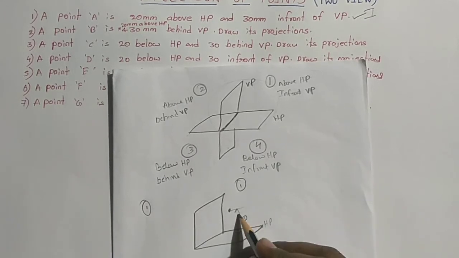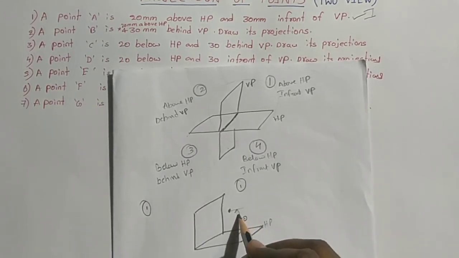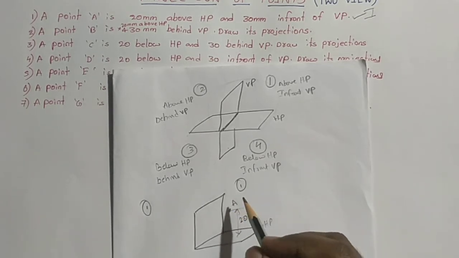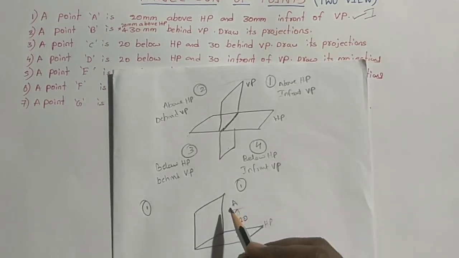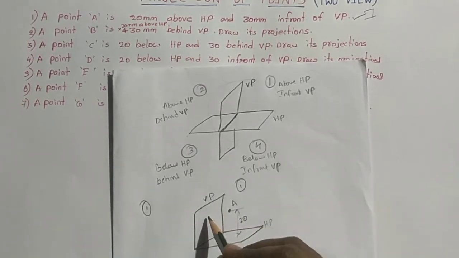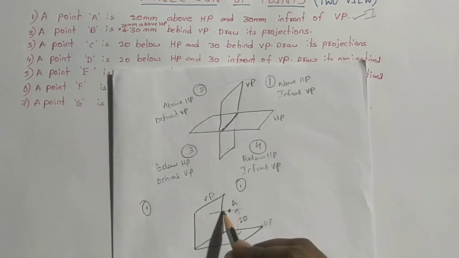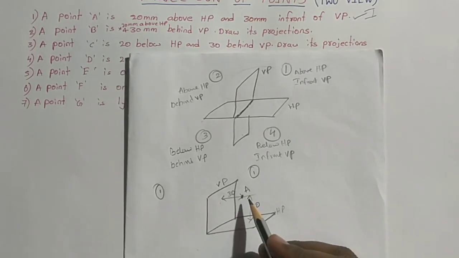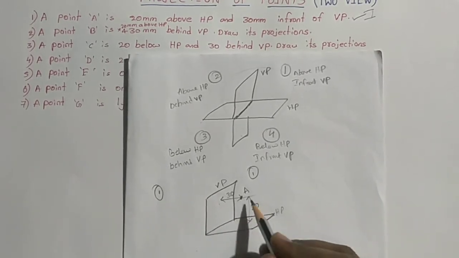It is the point A. Next, 30 mm in front of VP. From the vertical plane to this point the distance is 30 mm. It is the given problem. We need to draw the projections for this point.